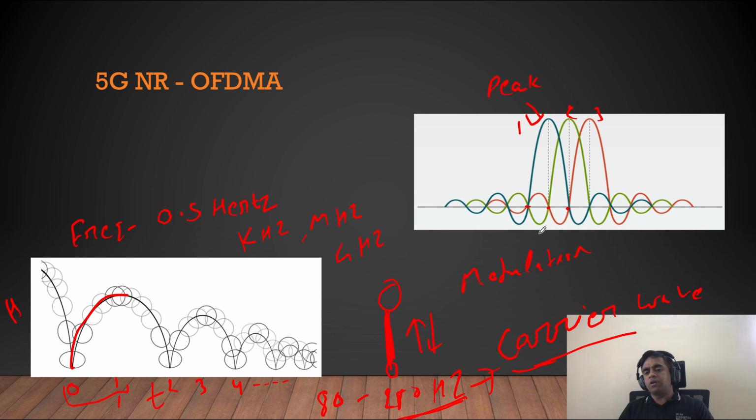So this is how OFDMA works at a high level. And then you see this gap between the two peaks, which is called delta F. This is actually the spacing.